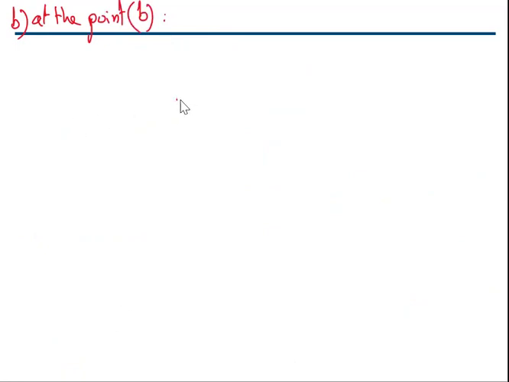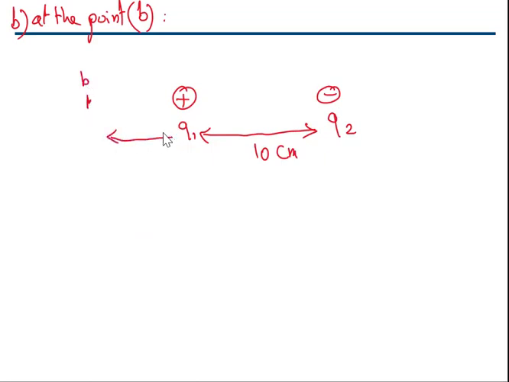We have Q1 and we have Q2, and Q2 is negative. The distance between Q1 and Q2 is 10 centimeters, because we have 6 centimeters plus 4 centimeters. And the point B is here. It's far from Q1 by 4 centimeters.